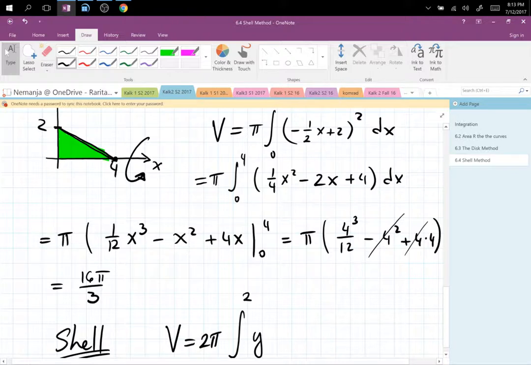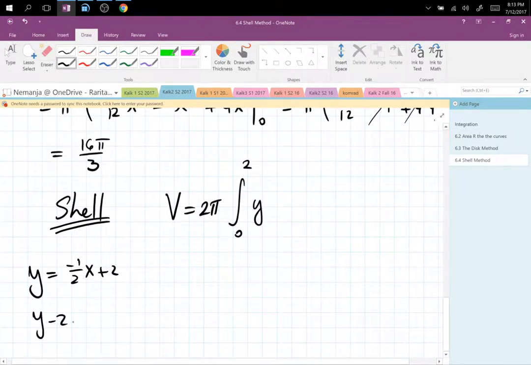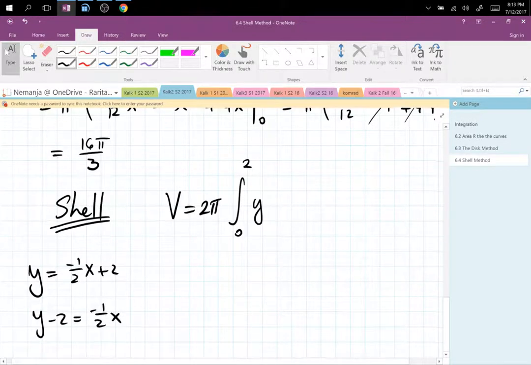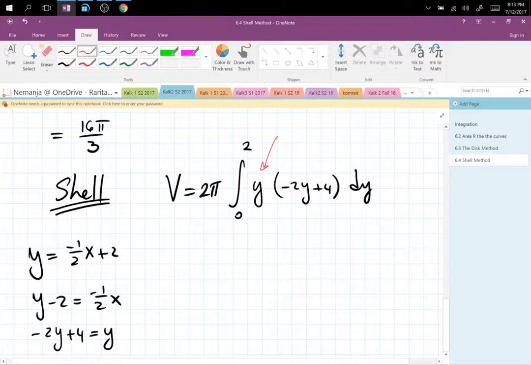So I have to flip the function. The function used to be y equals negative 1/2 x plus 2. So now that's y minus 2 is equal to negative 1/2 x, and then times negative 2 is negative 2y plus 4. So that one. So this is going to be, I'll explain later, your position, and this is over here the height.